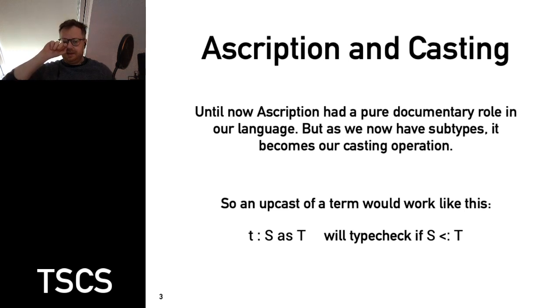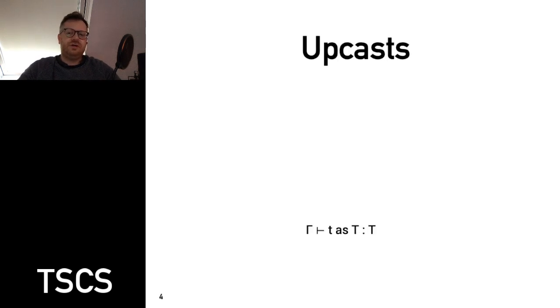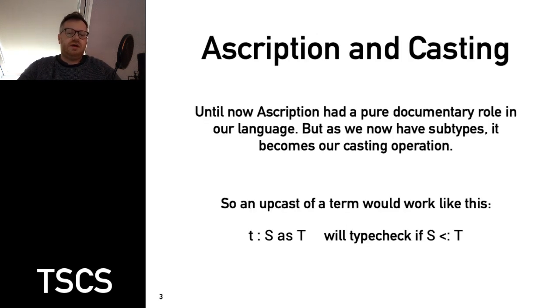So t as T, and this will type check if S is a subtype of T. So you can go upwards in the relationship and ascribe the supertype as you wish.